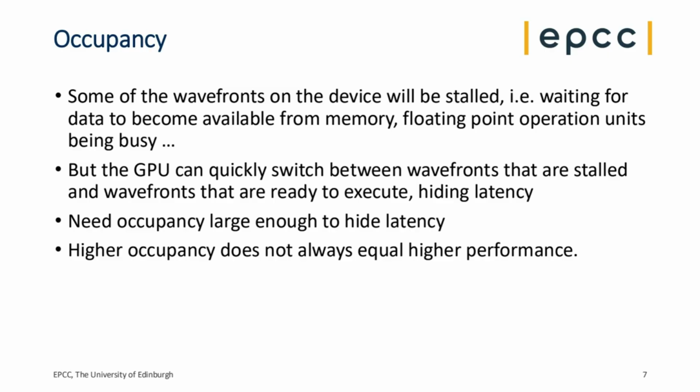But higher occupancy doesn't necessarily mean you get higher performance. It really does come down to what your wavefronts are doing and how much memory they need. If they need too much memory, then you may get thrashing in the cache on the GPU, and so you may start to get slow performance if your occupancy is too high, if your threads are trying to do too much work for what the available memory supports.